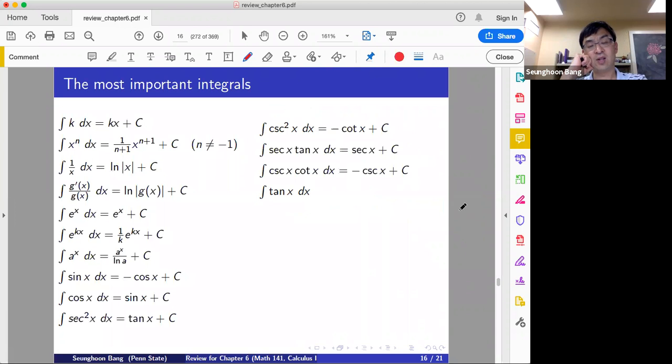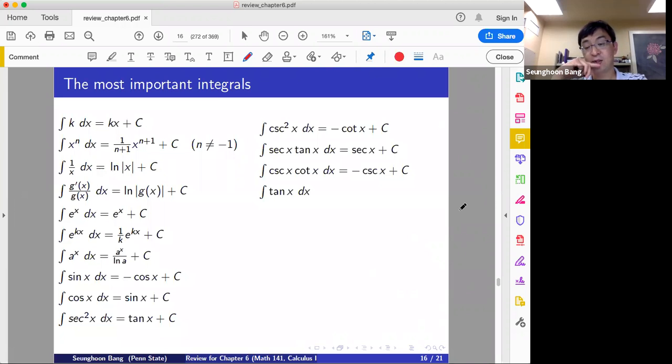Do you know the integral of tangent? Could you write your answer on your chatting board? What's the integral of tangent x? Tangent x secant x plus c? Secant squared plus c?